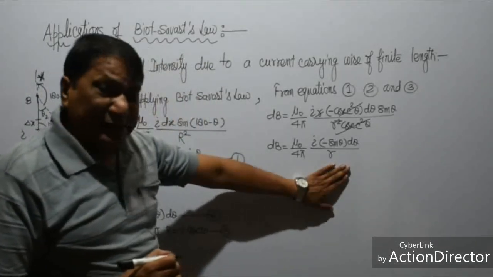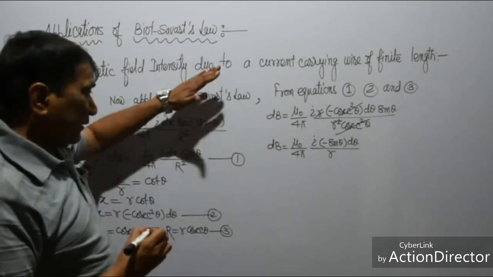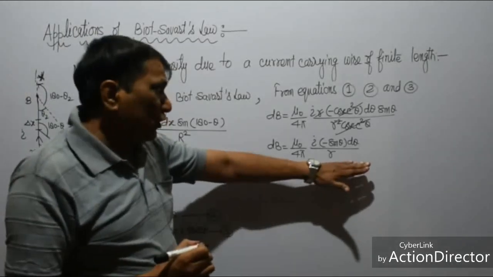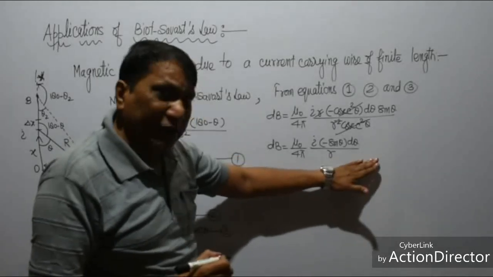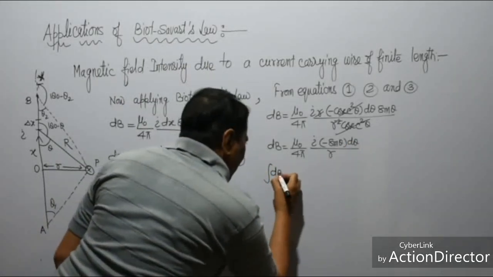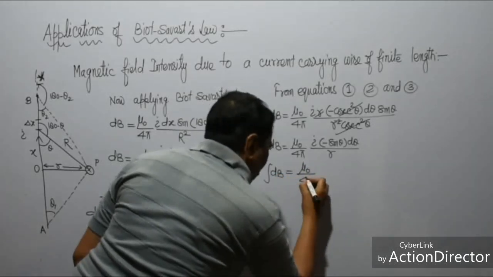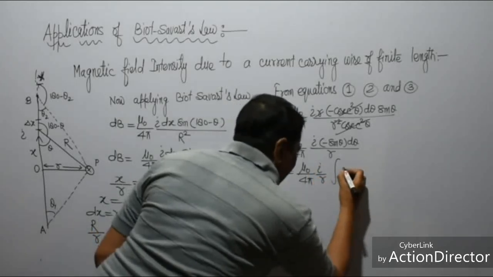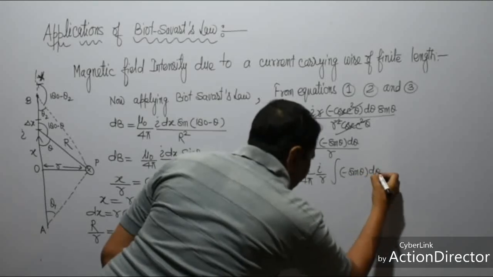So guys, very interesting. This entire so difficult expression or derivation has now changed to a simple one. Okay? What would happen? Now integrate it. So integration dB is equal to mu 0 upon 4 pi I upon r integration minus sin theta d theta.